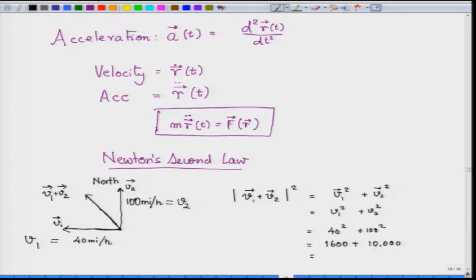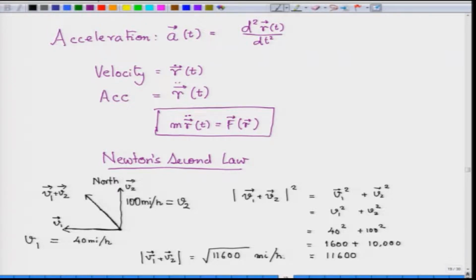I am so bad at doing these computations. 11600. So now V1 plus V2, the modulus, the actual velocity with which the plane is going to move, I am observing the plane as if it is moving at a velocity of root 11600 miles per hour.